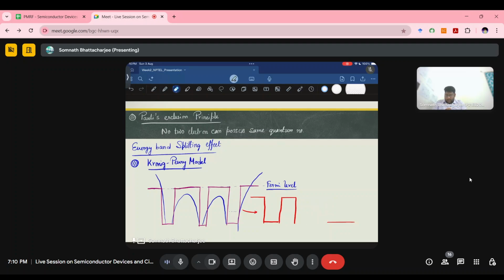So this one will be much smaller, and this one would be much larger. So this should look like this.